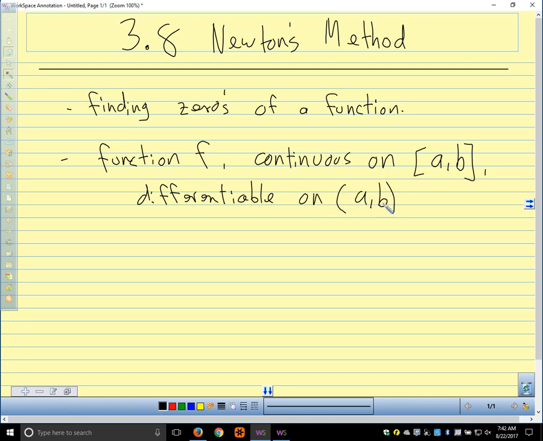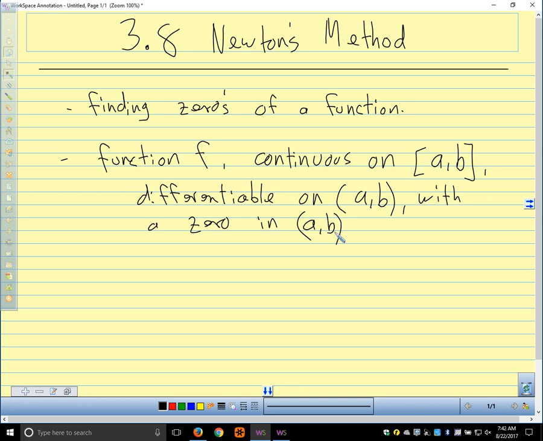So we have to be able to take derivatives. If we have some function where we have a problem with the derivative somewhere in the interval, we could have a problem with Newton's method. And we know there's a zero somewhere in this interval. We need to start with a guess, so we need to know there's a zero somewhere in there.